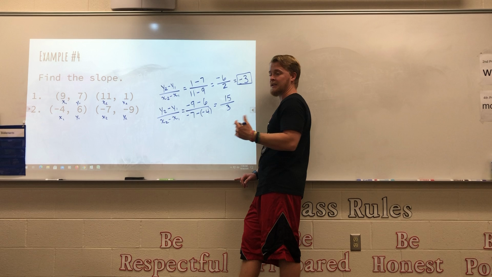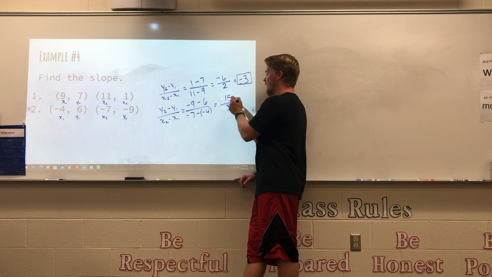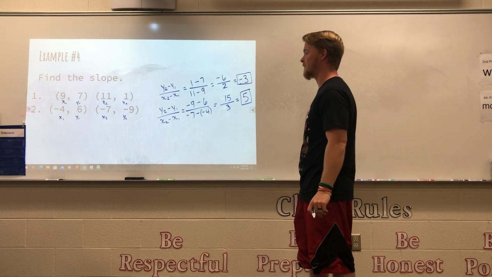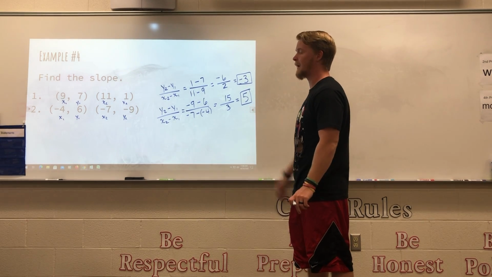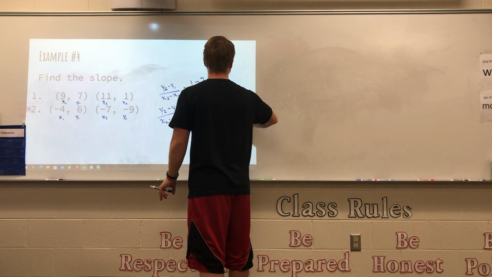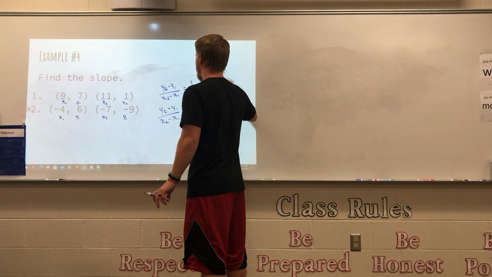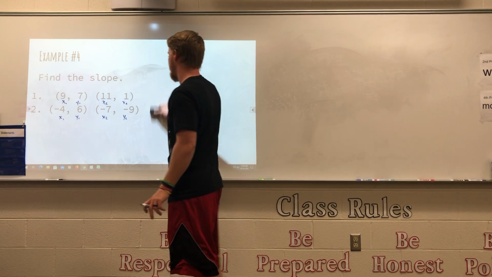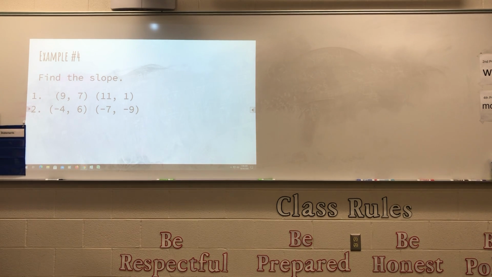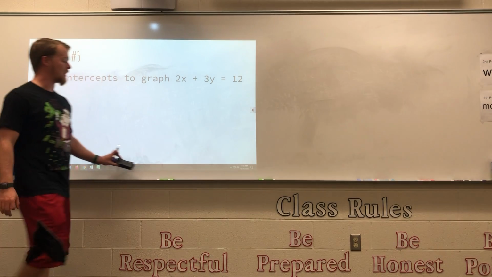We have to check to see if that simplifies or reduces, and it does. So 15 divided by 3 is 5. So your slope for that second set of ordered pairs is 5. Okay, so like I said, you have to know y2 minus y1 over x2 minus x1. That's important for slope.